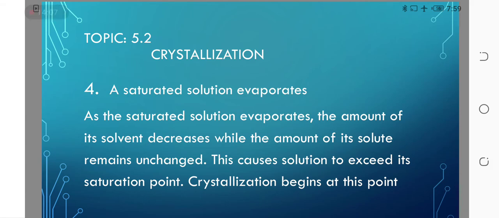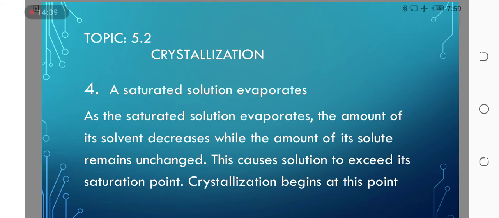As a saturated solution evaporates, the amount of its solvent decreases while the amount of its solute remains unchanged, because all the solute is present in the solvent, maybe in dissolved form, or maybe some particles are suspended at the bottom of the beaker in which you have poured it. This causes the solution to exceed its saturation point. So crystallization begins at this point.